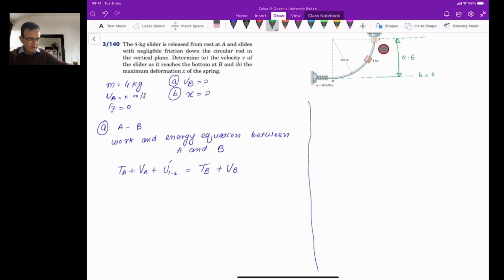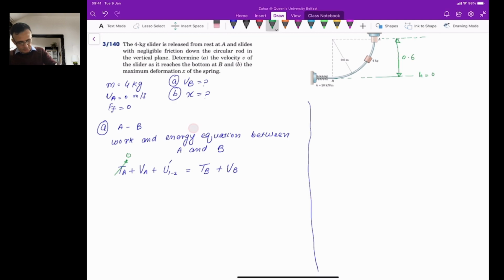So the height at A is given, which is mgh, and we know that the initial velocity at A is 0. So if the velocity is 0, then the kinetic energy, which is half mv square, is 0.